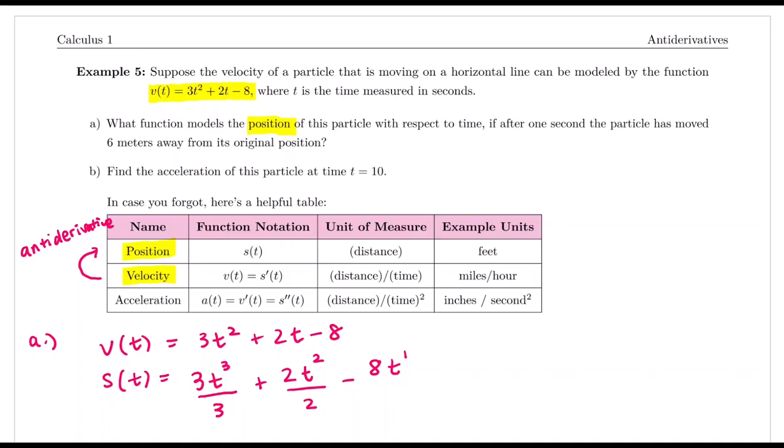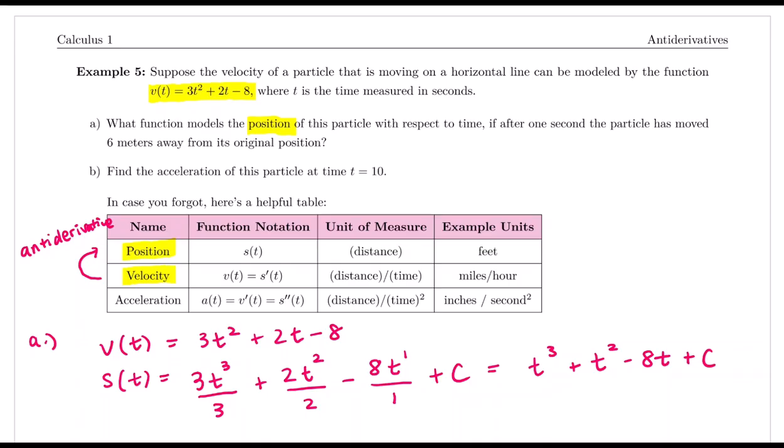So I'm going to increase from t to the 0 to t to the 1, and I could also divide by that new power, and then plus my constant of integration. So let's do some simplification. We have t cubed plus t squared minus 8t plus my constant of integration.